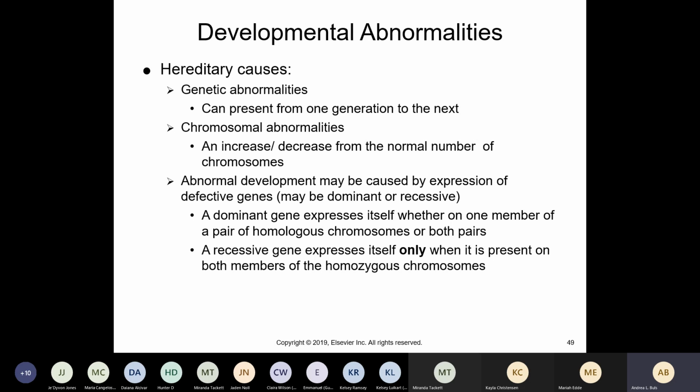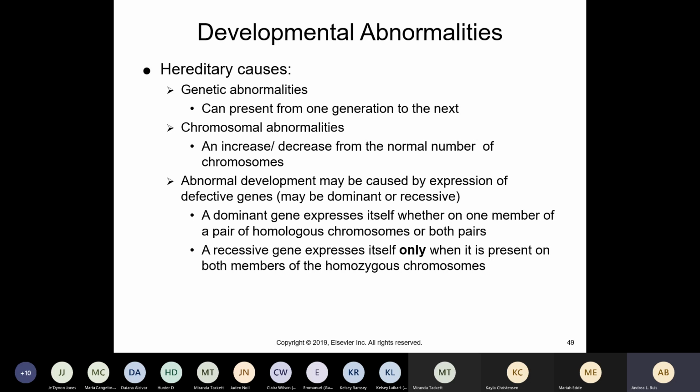Hereditary causes that could cause developmental abnormalities could be genetic. These would be present from one generation to the next. Chromosomal abnormalities can happen where there's an increase or decrease from the normal number of chromosomes present. Abnormal development can also be caused by an expression of a defective gene. So it could be a dominant or recessive gene.